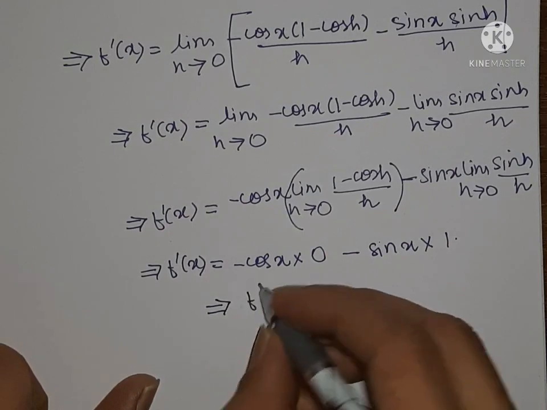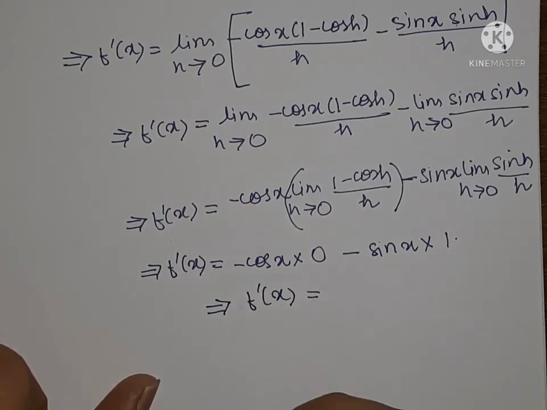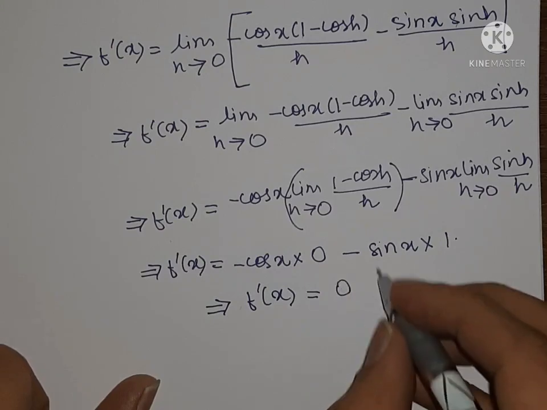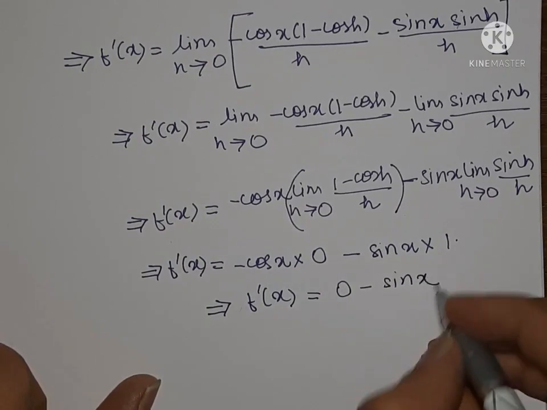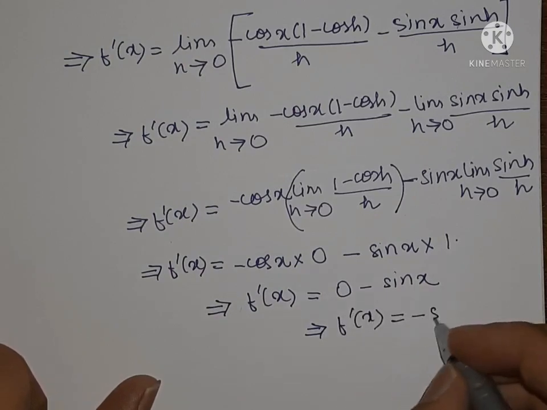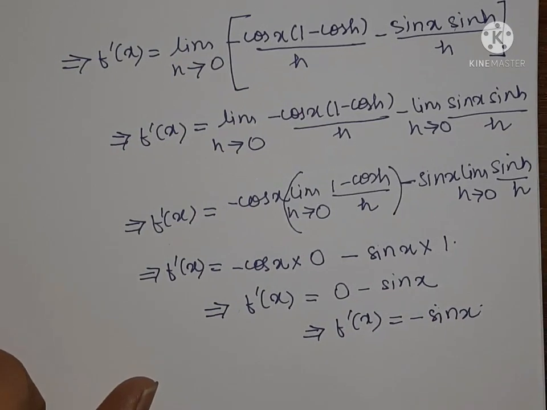So what you'll get, f prime of x is equal to, this minus cos x times 0 is 0, and this is minus sin x, so that is f prime of x is equal to minus sin x, right?